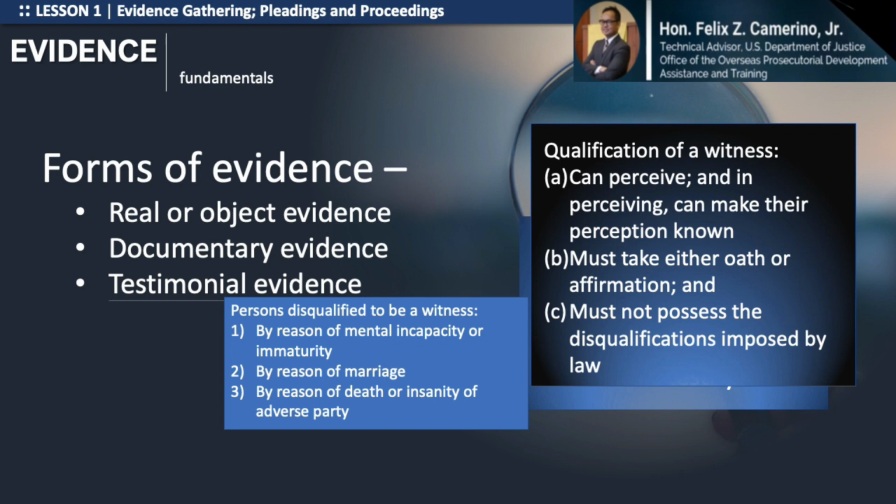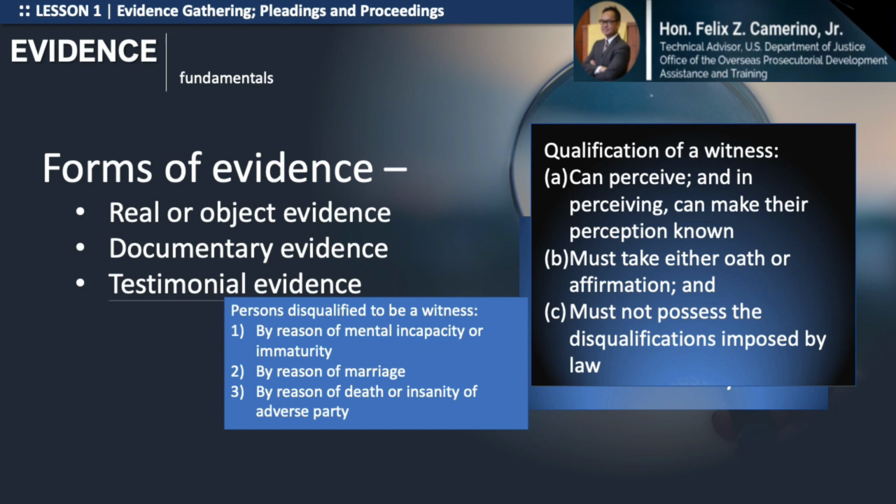There's such a thing called marital privilege, which says that you cannot testify against your spouse. Such testimony would be inadmissible. And then by reason of death or insanity of the adverse party, naturally. If he dies, then there would be no need, really, if you think about it.